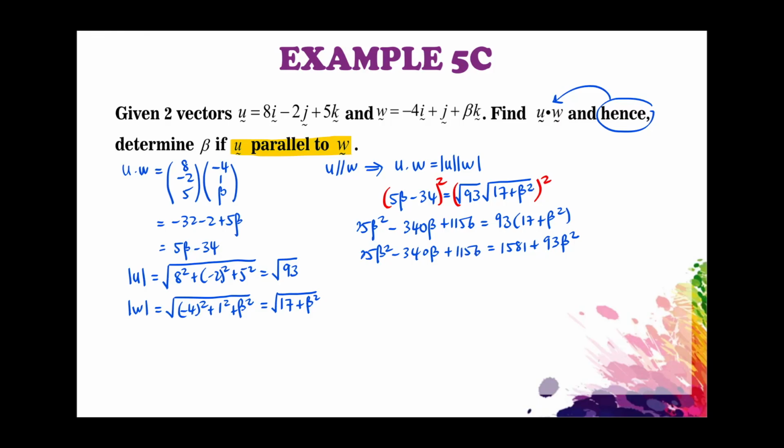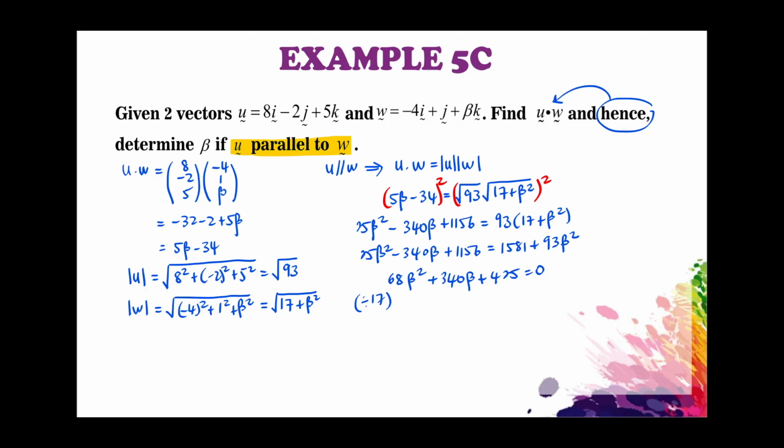Okay, so we collect everything to one side to make the beta squared a positive value. So we're going to have 68 beta squared plus 340 beta plus 425 equal to 0. Before you use the calculator, you need to simplify this equation first by dividing with 17.